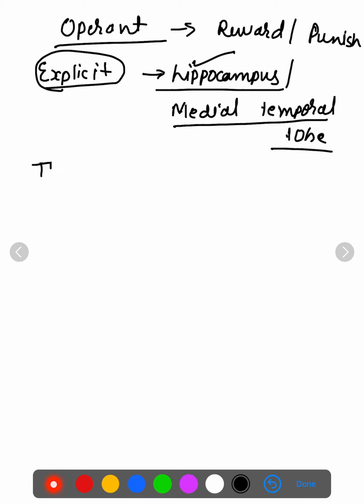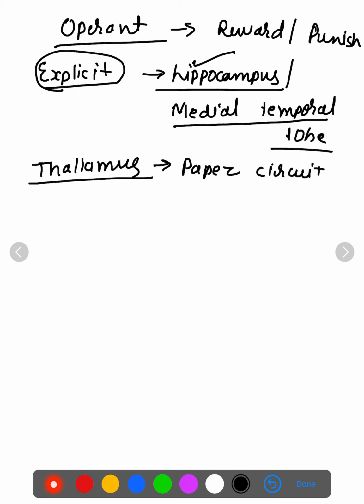We have already discussed in the thalamus one circuit known as the Papez circuit. What was that circuit? The Papez circuit. Now I will draw it in flowchart form.